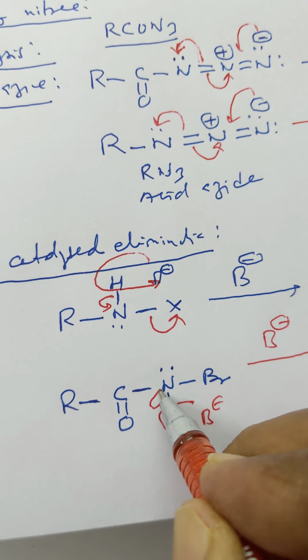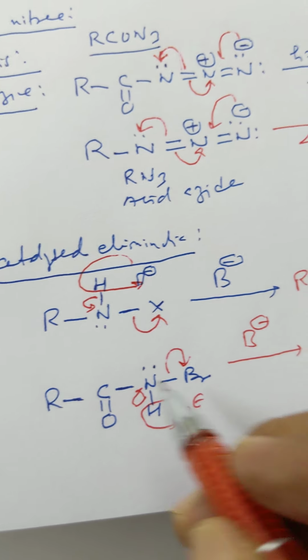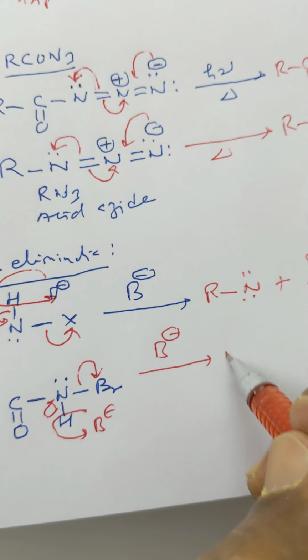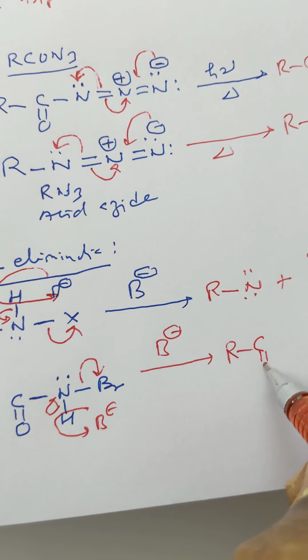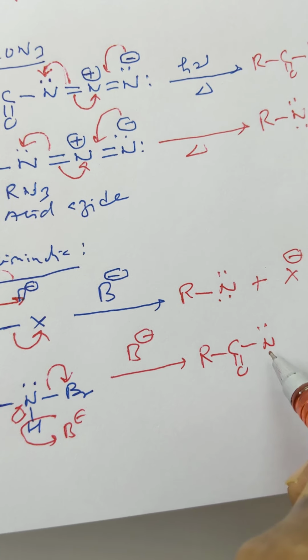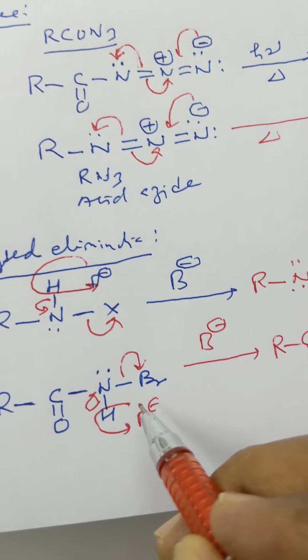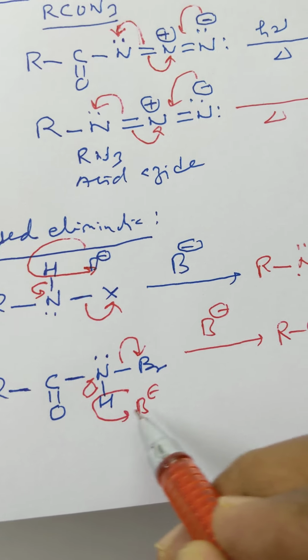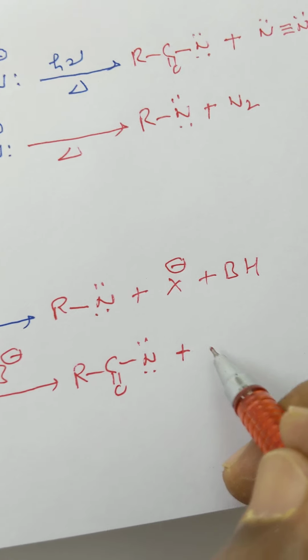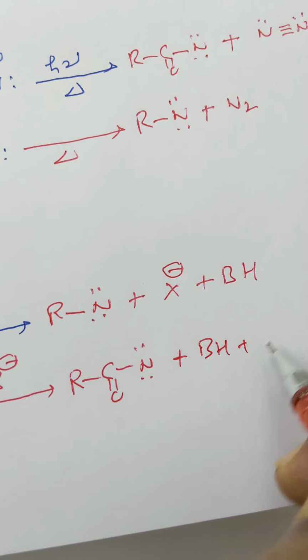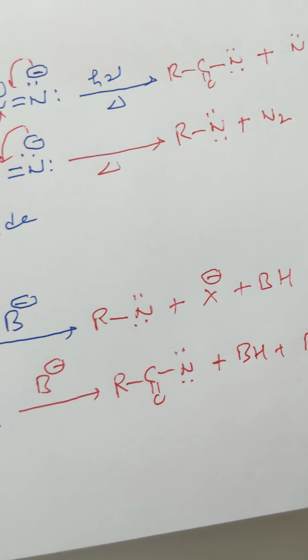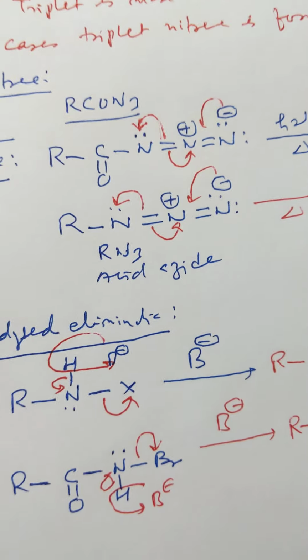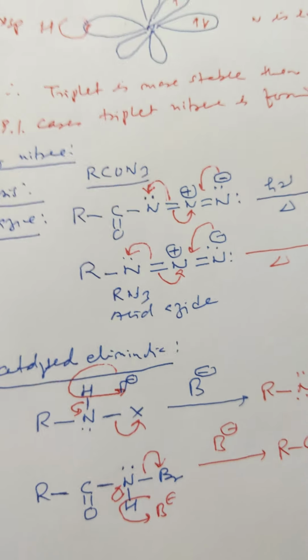This electron pair moves to this, and the halide ion departs. The product formed will be acyl nitrene plus bromide ion and BH, and this halide ion departs in this case. So this is how nitrenes are generated.